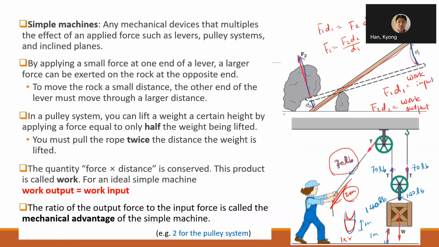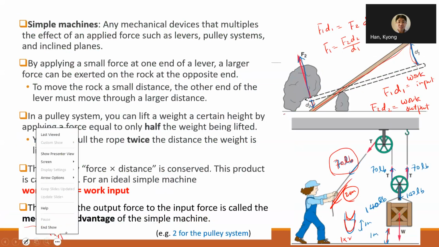And the ratio of output force to input force is called mechanical advantage. In this case, F1 is the input force, F2 is the output force, and F2 over F1 is the mechanical advantage.